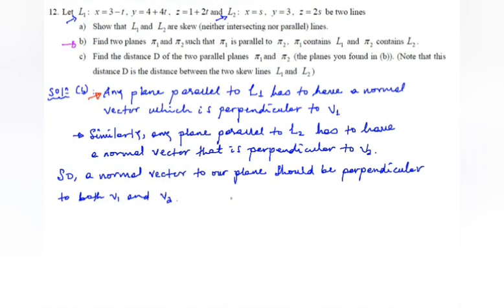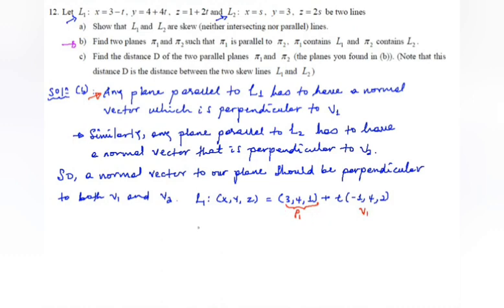Okay, just to remind you of the Cartesian form of the two lines. Here you can assume this as P1, and this V1, which is a direction vector for line 1.